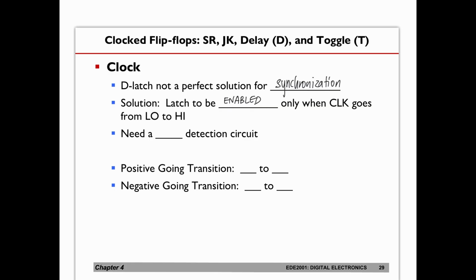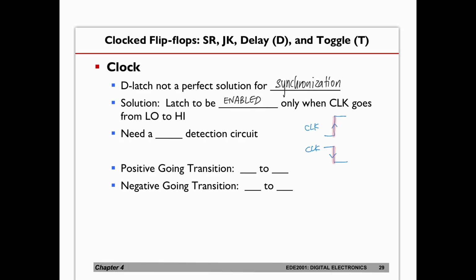Let me draw the pulse that we want. When the clock goes from low to high, or from high to low, we want the latch to be enabled during this part here.